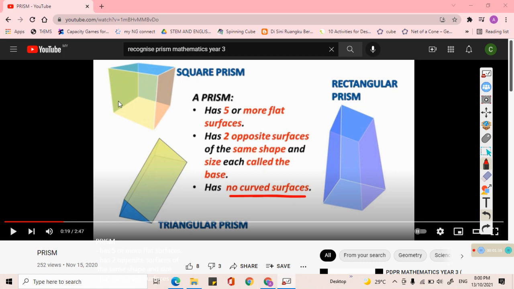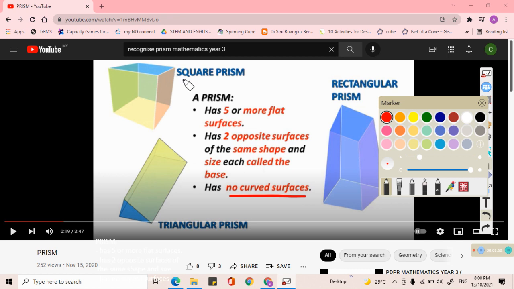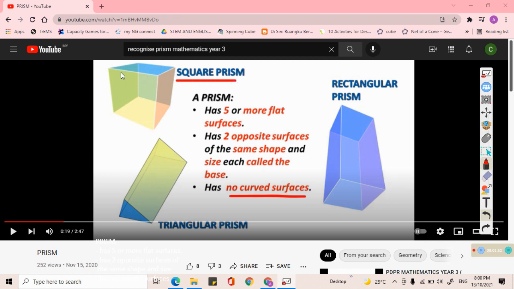Okay, here is a shape of a cube. But in prism you don't call it cube prism. You must state the name square prism, because it has the shape of a square. And then this one, it has a shape of a rectangle, so you call it rectangular prism.